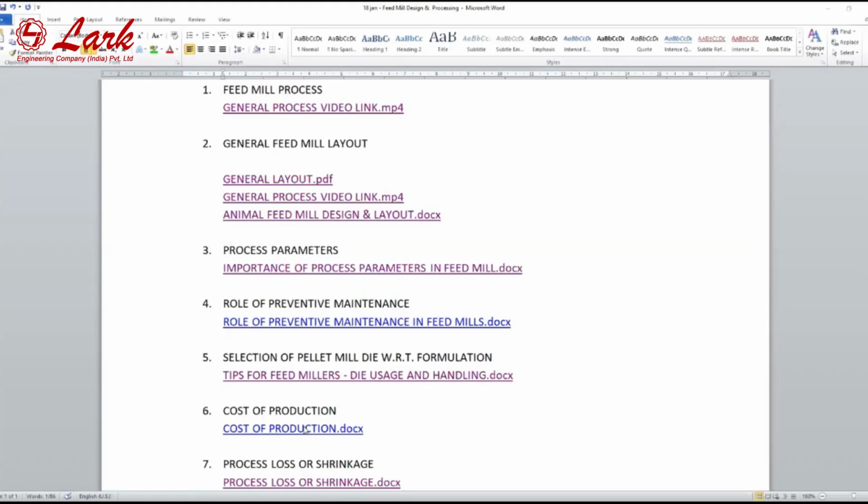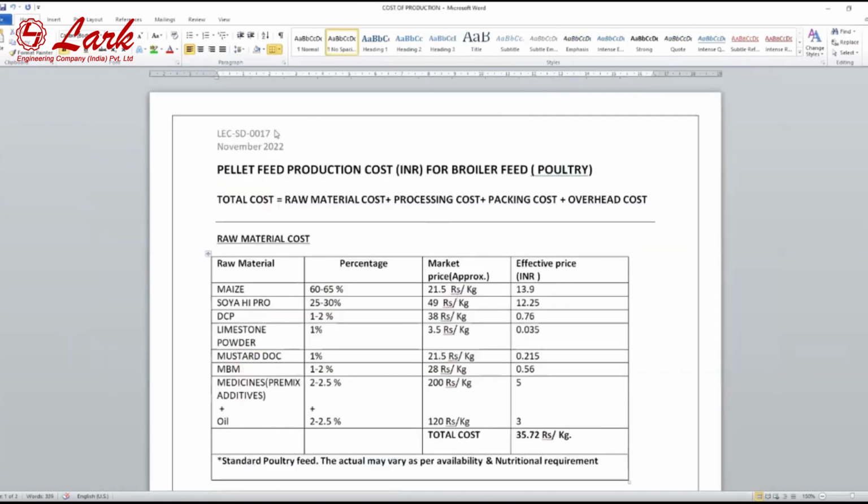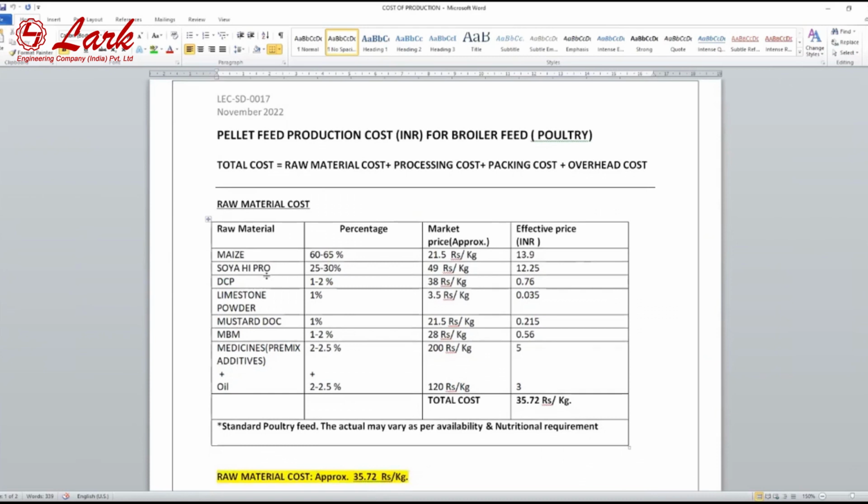The cost of production. This is ideal. एक नवंबर 2022 एक मार्केट प्राइसेस के बेस पर ये डॉक्यूमेंट हमने तैयार किया था। There may be difference in the raw material prices with respect to the time and the availability and the location.